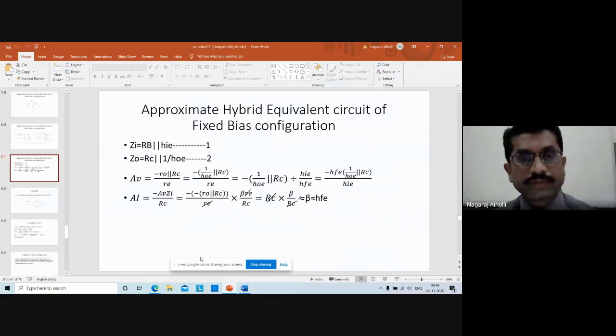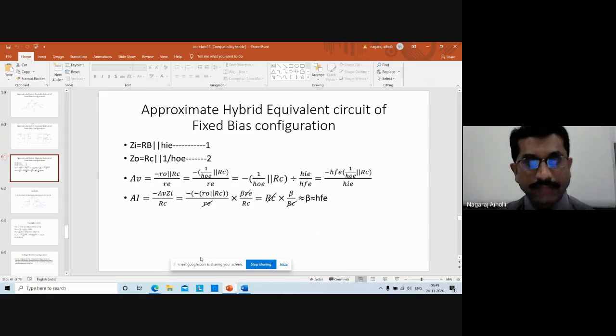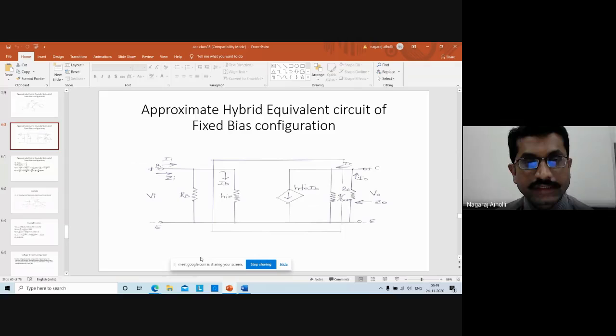Is the screen visible, students? Yes, sir. Okay. So this was the topic of the last discussion, the approximate hybrid equivalent circuit of fixed bias configuration.